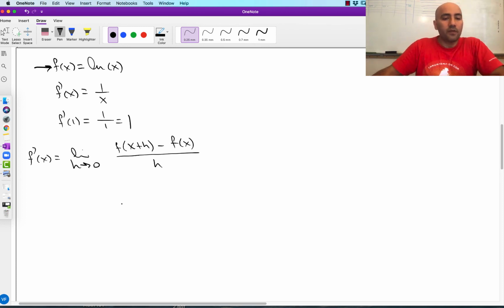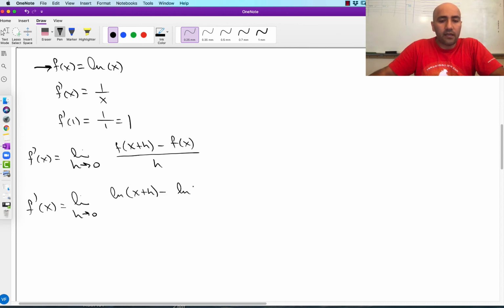So if the function is ln of x, then the derivative with respect to x is going to be the limit as h goes to 0 of ln of x plus h minus ln of x, the whole thing divided by h.